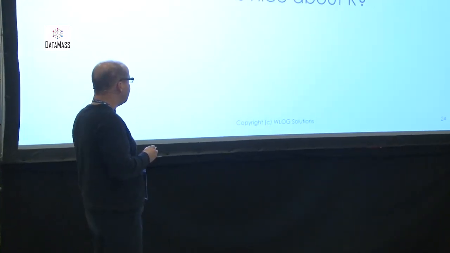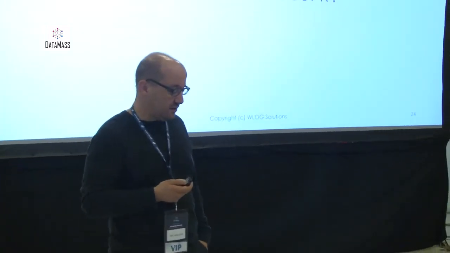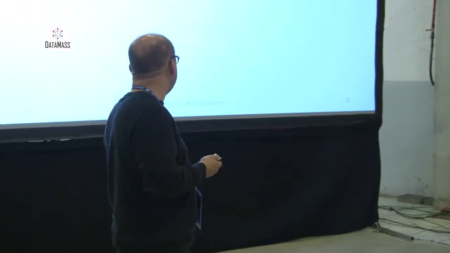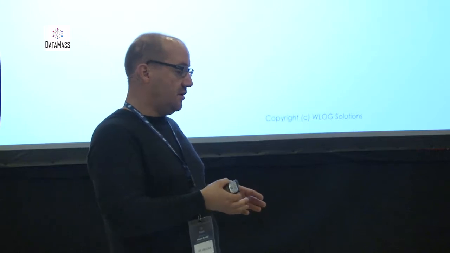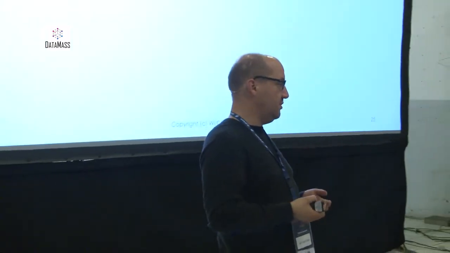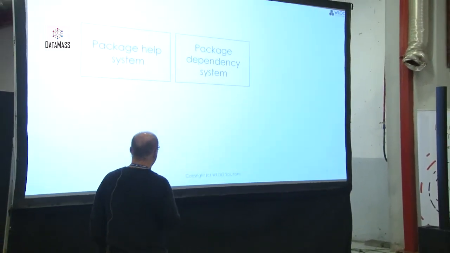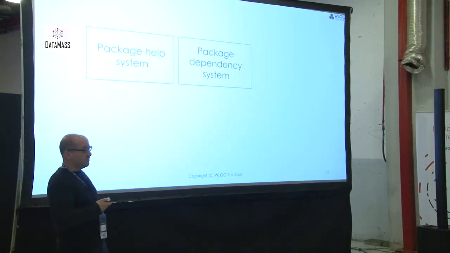But what is nice about R, and this is really nice, those who are using R know what I'm talking about. R has packages, and packages have a help system. So when you give a package to another person, they can ask for help using standard tools in R. In packages, you can declare dependencies.